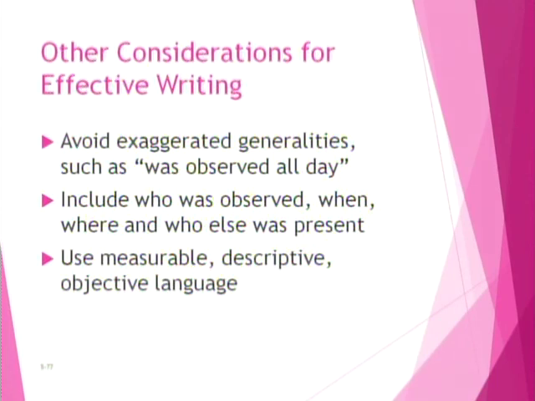So make sure you've got that accurately documented when you made an observation. Include who was observed, when, where, and it's really good to have who else is present. So just think about where were you in the hallway, where were you during this observation. So make it measurable, descriptive, and objective.